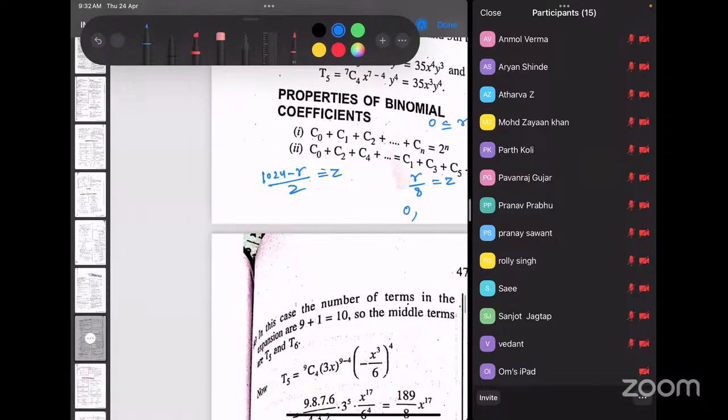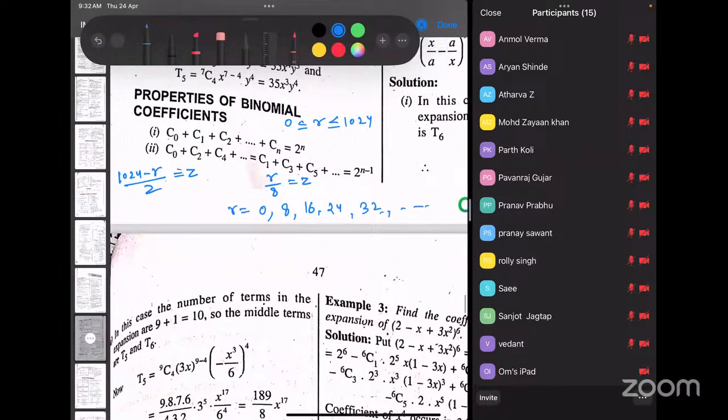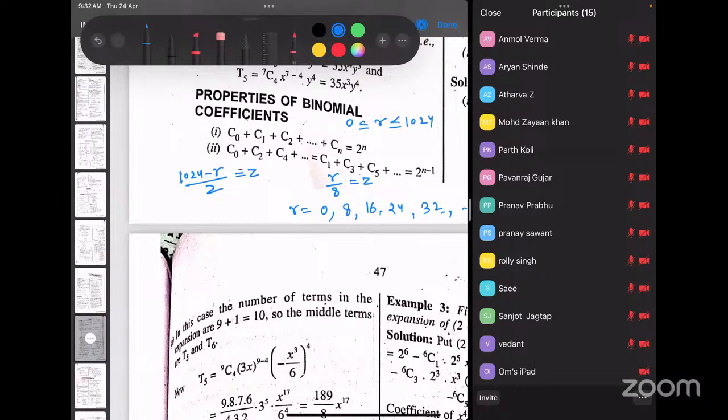So this will be 0. Possible values of R in this case will be 0, 8, 16, 24, 32, and so on. Similarly here, if R is a multiple of 8, it will also be a multiple of 2.